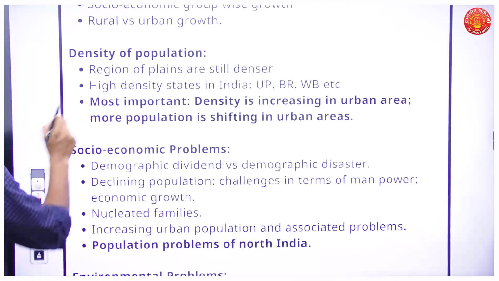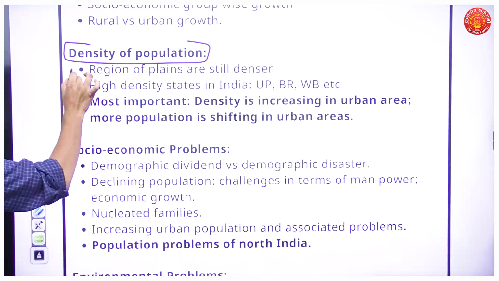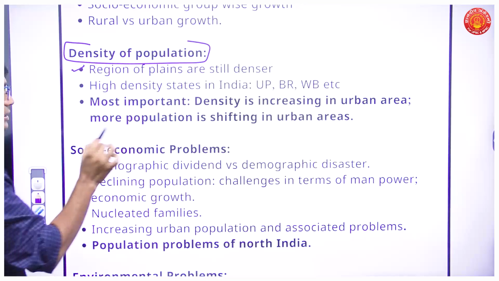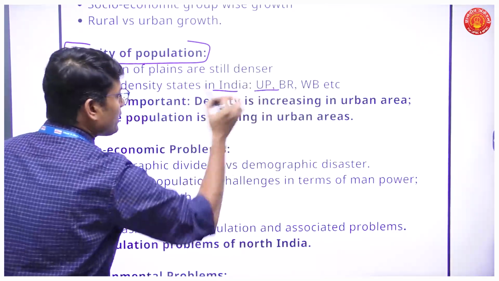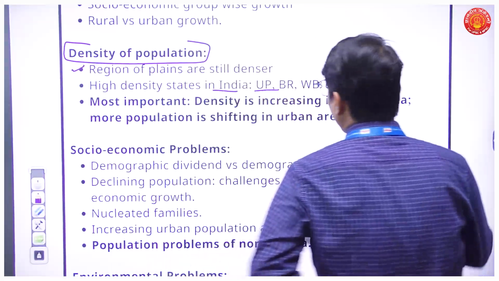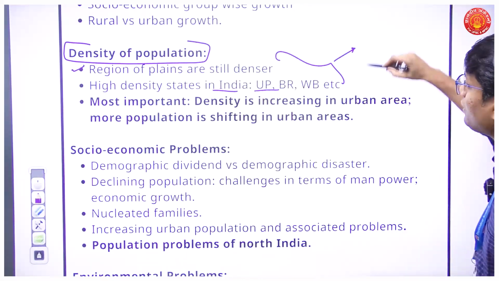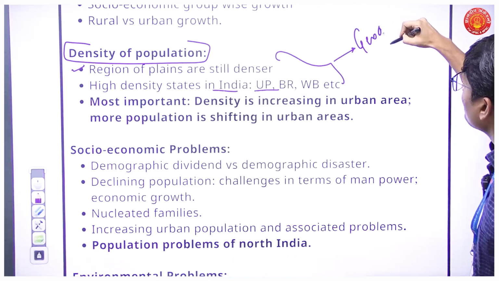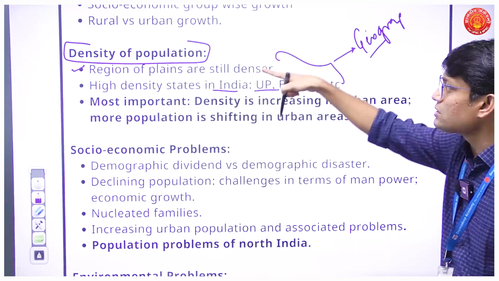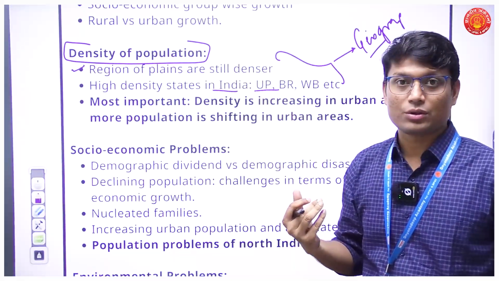Moving forward, let's talk about density. You will talk about regions of dense population. I'll talk about various states where I have high population density, and once I have put this data, I will mention geographical factors which are responsible for these areas still being dense population regions.